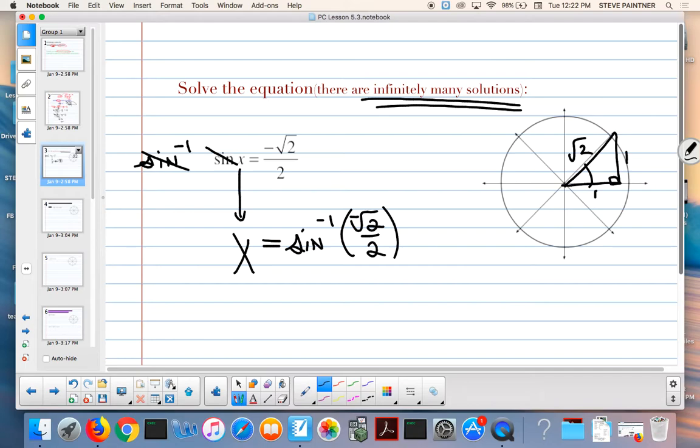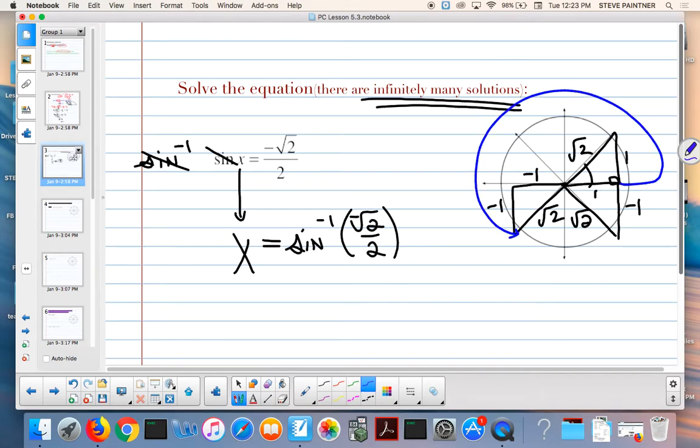So where is sine negative? Quadrant 4 for sure. And where else? 3. So basically, this would be your answer, correct? So your answer is basically this angle and that angle.